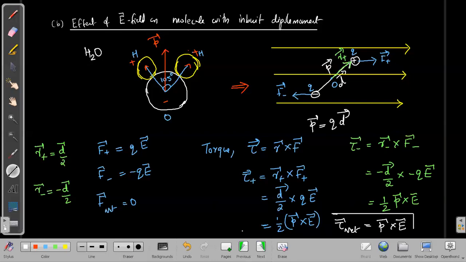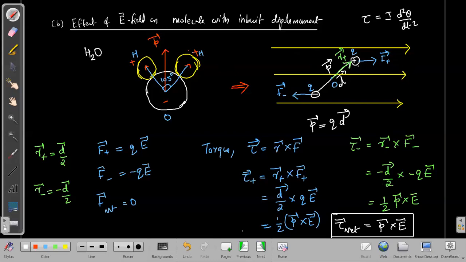Okay, and due to torque, what would happen? Due to torque, the molecule will start rotating. So it will undergo a rotational motion, because we know that this torque I can write as I d square theta by dt square. The torque will produce an angular acceleration. So this will start rotating. In which direction will it rotate?